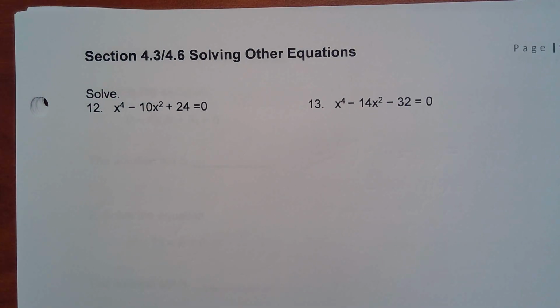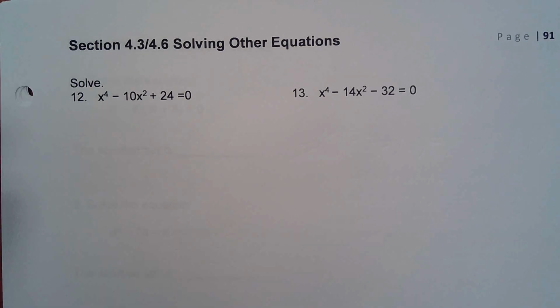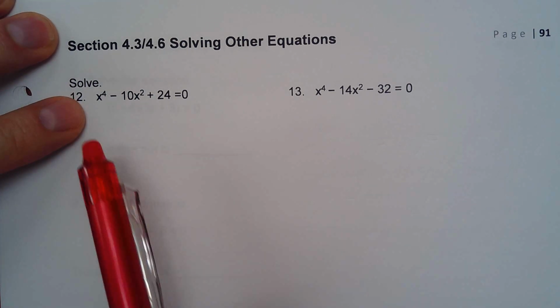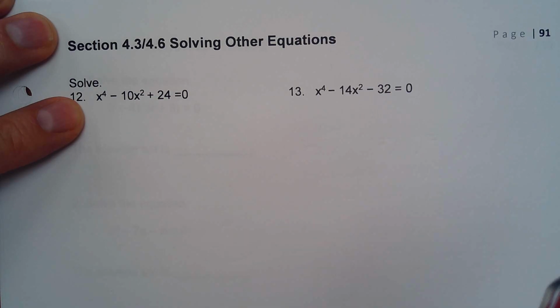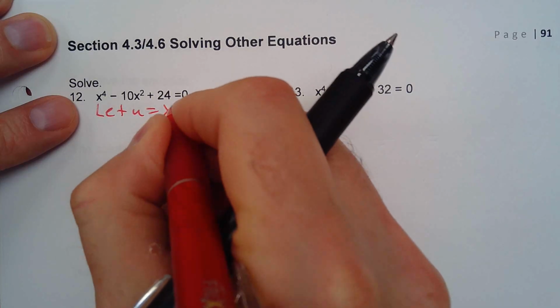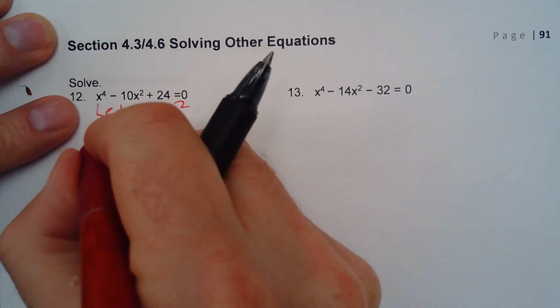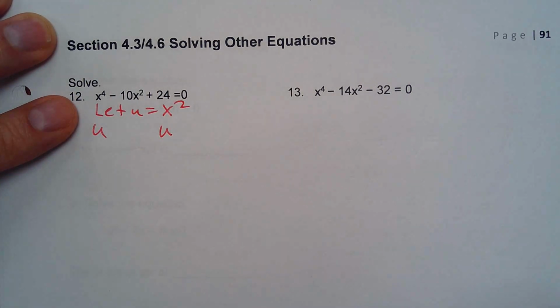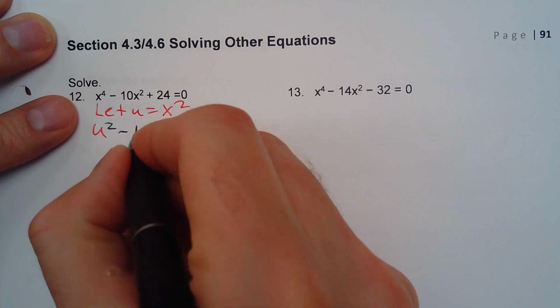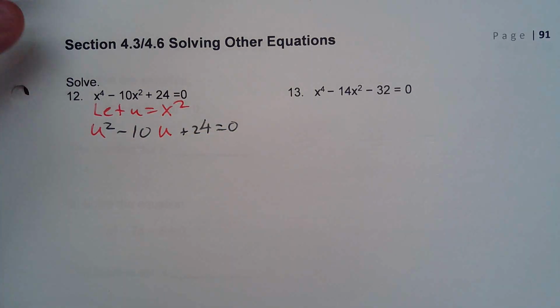All right, so now we've got some more practice with our factoring here. And remember, when we've got x to the fourth and x squared, we're going to use our little substitution. Let u equal x squared. So this would be u squared minus 10u plus 24 equals 0.